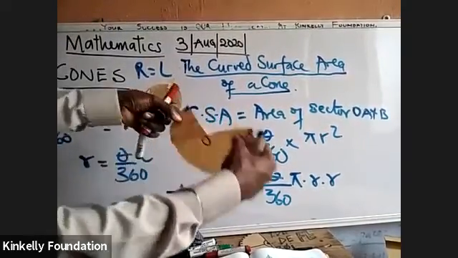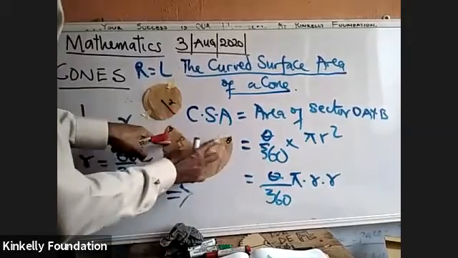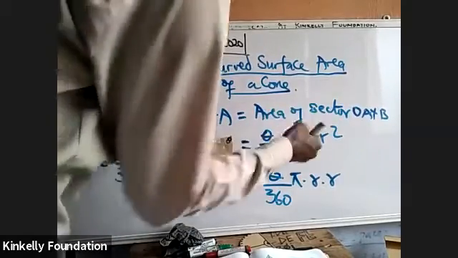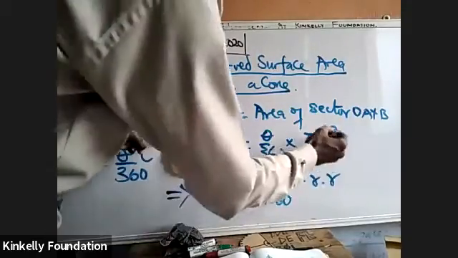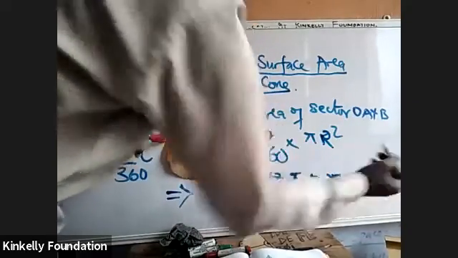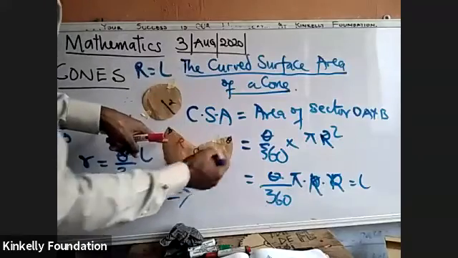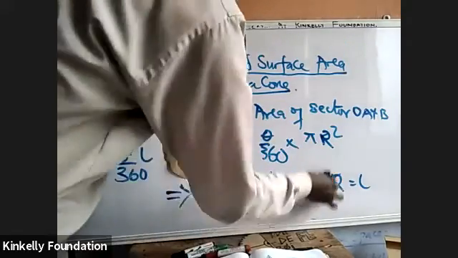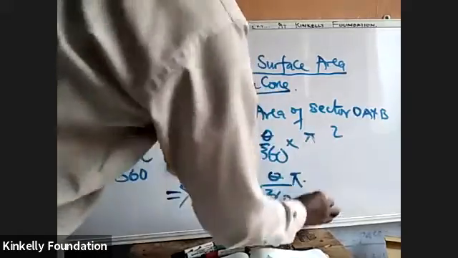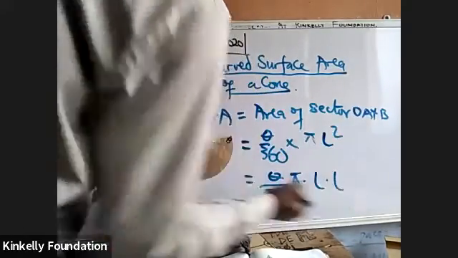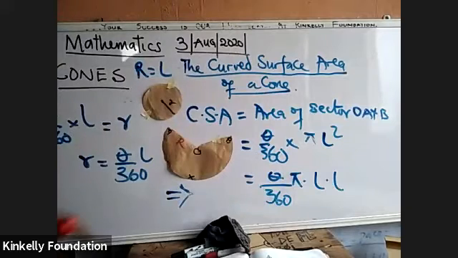One thing you need to note: the sector we are talking about is this one that has the bigger R. Which means that we are going to change our r to this bigger R, and this bigger R is the length we are talking about. So from changing to this bigger R, we now have length times length. Why did it become so?